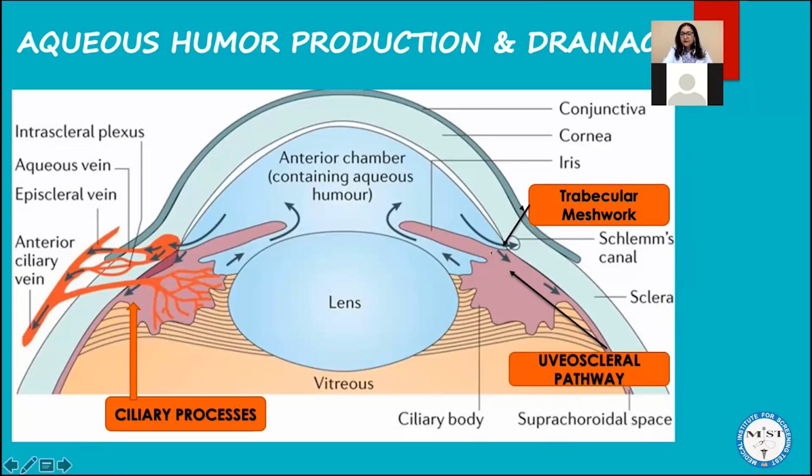The second is that from the uveal tissue, the aqueous passes into the suprachoroidal space and then is absorbed by the scleral vessels. That is why we call it the uveoscleral pathway. From this diagram, you can understand that if there is any obstruction to the flow of the aqueous or its drainage, that will lead to an increase in intraocular pressure.